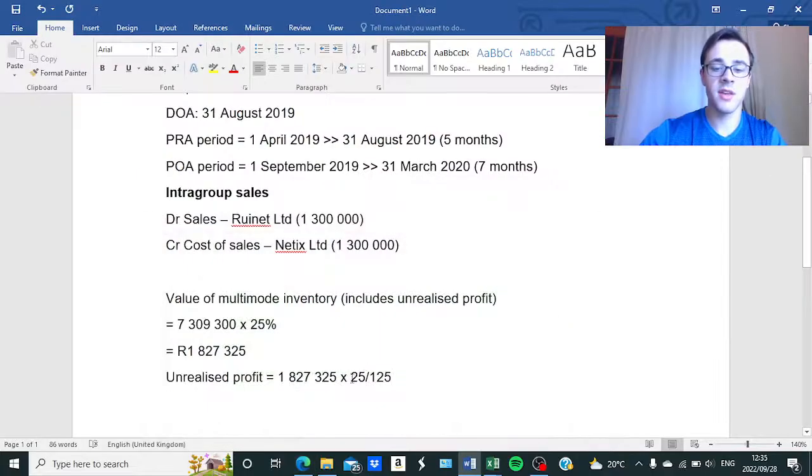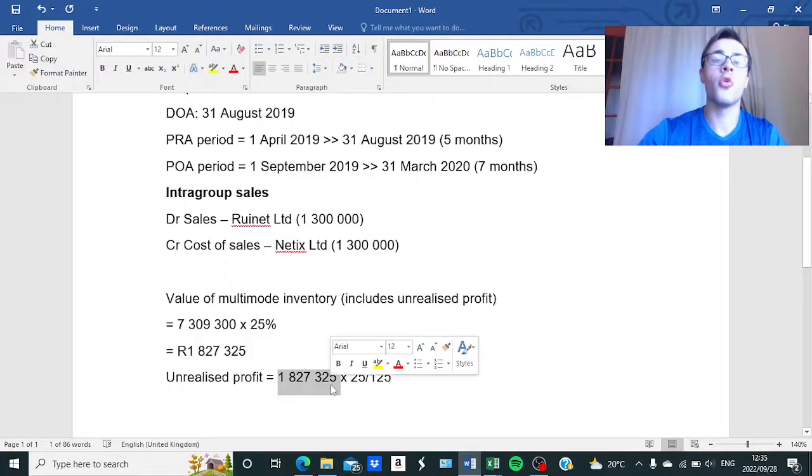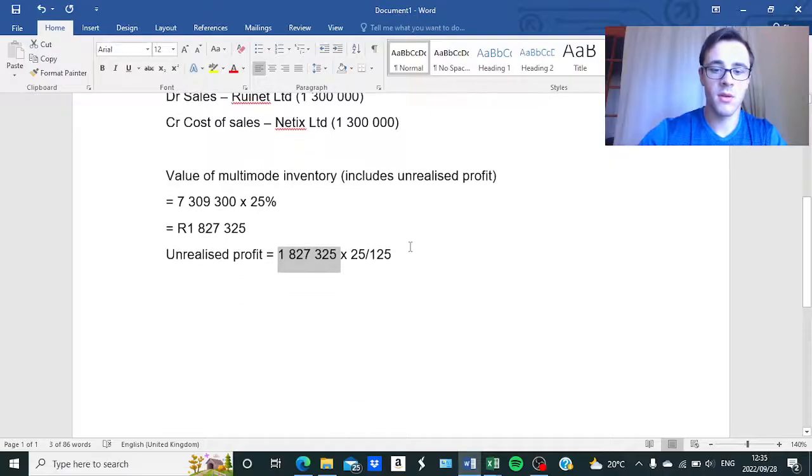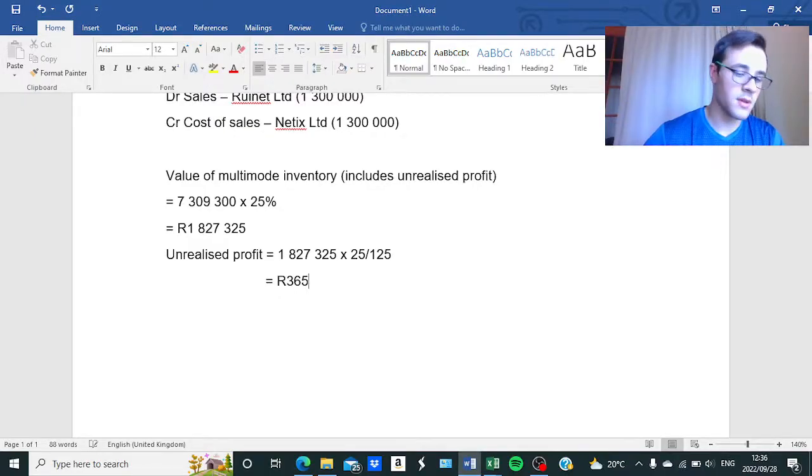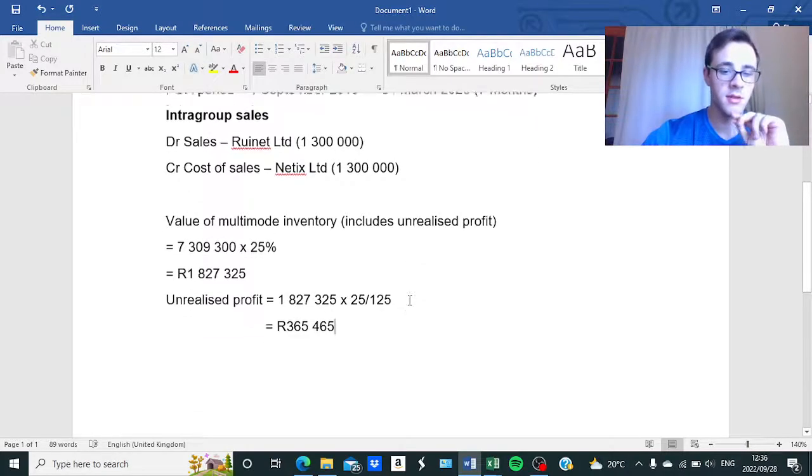Okay, so we use the 25 in order to calculate the profit, and we use 125 because this amount already includes the unrealized profit of 25%. Your unrealized profit that you should eliminate for consolidation purposes will amount to 365,465.